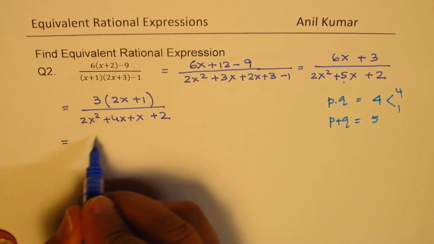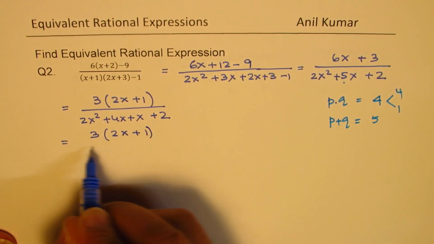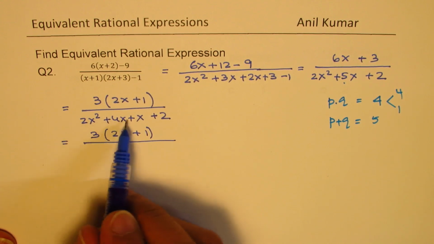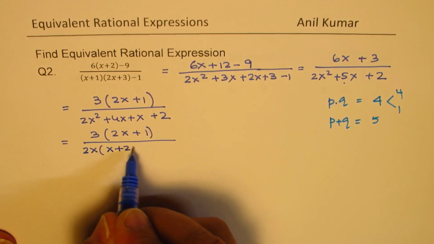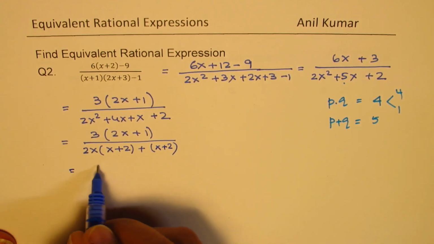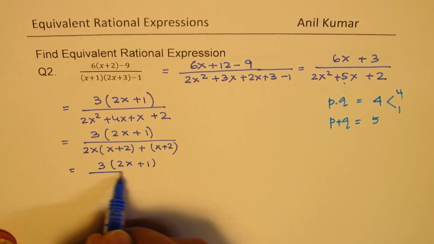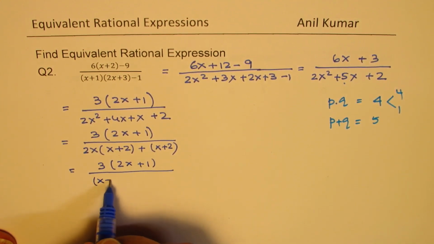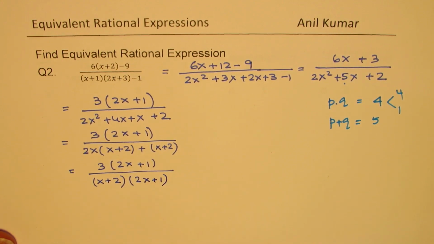Now, we can write this as 3 times 2x plus 1 over, you can take 2x common, right? So we get 2x common, we get x plus 2 plus x plus 2. And clearly, the numerator is 3 times 2x plus 1, and the denominator, we can take x plus 2 common, and we are left with 2x plus 1.